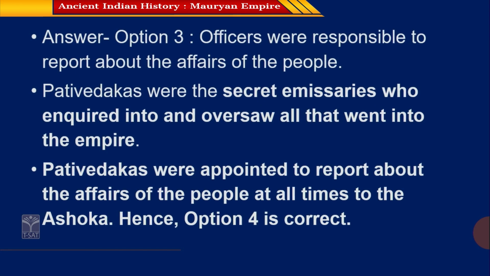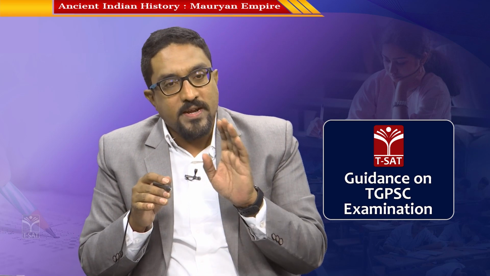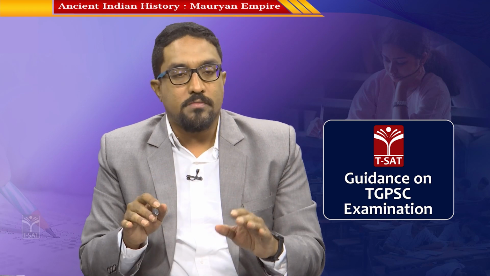In fact, Pativedakas were also supported by another group called Pulisanjas. Pativedakas were secret emissaries who inquired into and oversaw all that went on in the empire. They were appointed to report the day-to-day affairs of the people at all times to Ashoka.